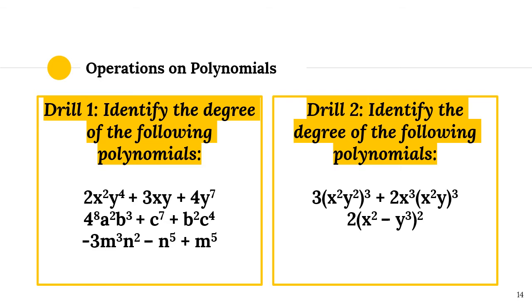If you haven't done that yet, you can pause this video. But if you're done, you can continue. So the term with the highest degree is y cubed times y cubed, that's y to the sixth. So the degree of this expression is 6.